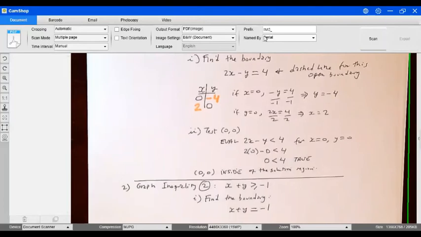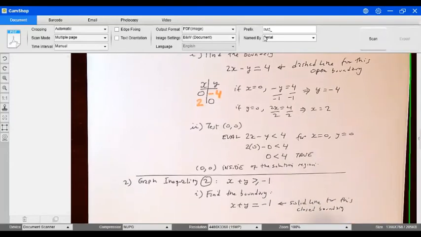Now we have the equation for the boundary. In this case, you see that you have the equal sign embedded, so this is a closed boundary. We're going to use a solid line for this closed boundary.